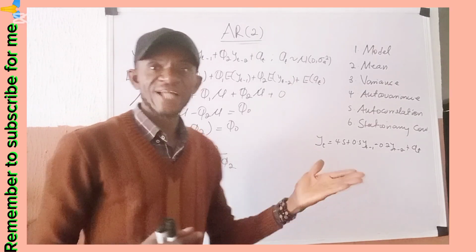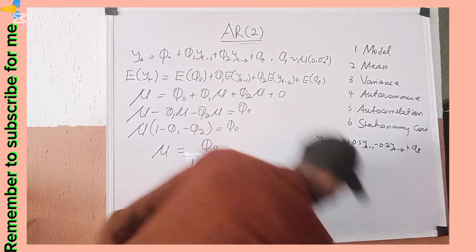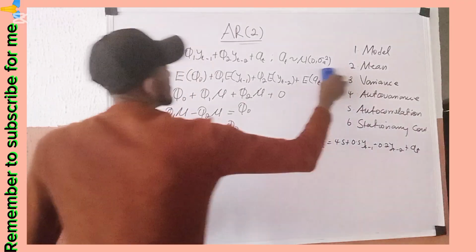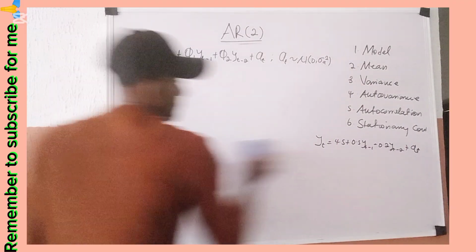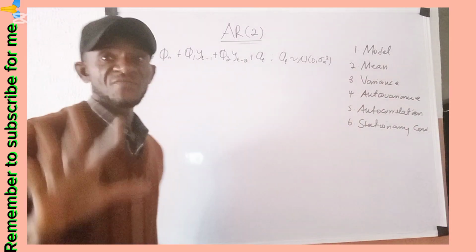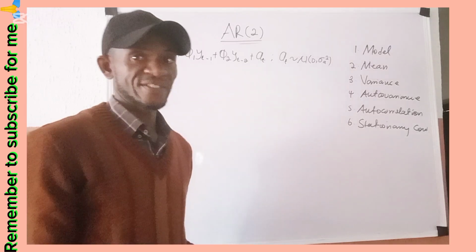So let us now look at the variance of the autoregressive model of order 2. If you want to look at the variance of the autoregressive model of order 2, you are to take the variance of both sides.